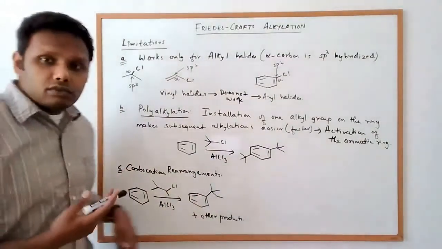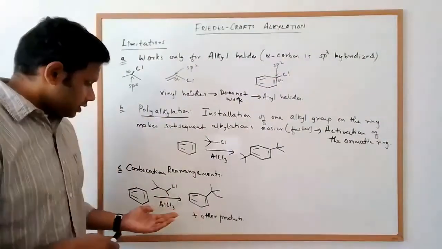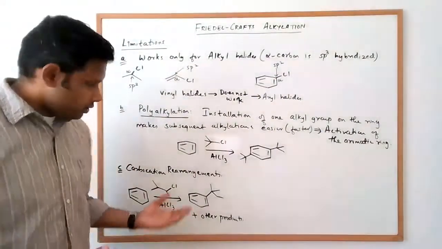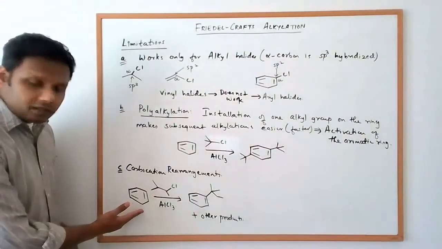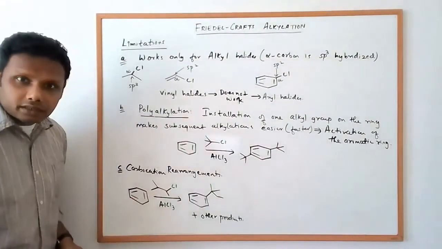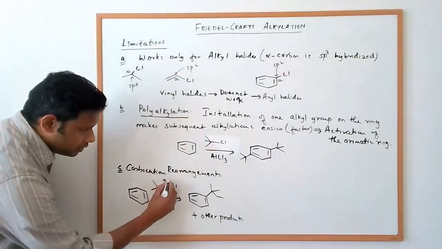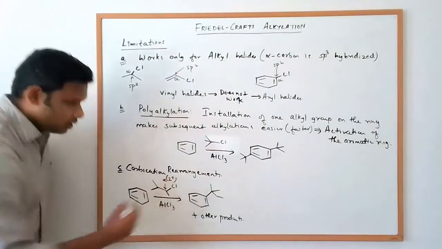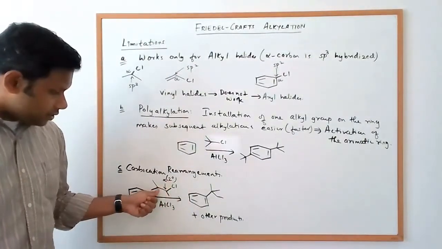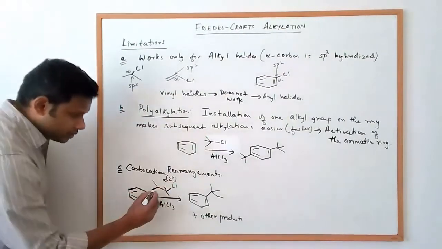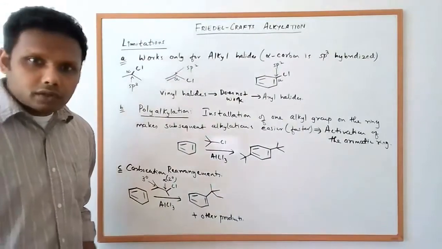Since the mechanism involves the formation of a carbocation intermediate, it is possible to expect rearrangements happening. So for example, if you react benzene with an alkyl chloride like that, where notice that the alpha carbon is secondary in nature, and adjacent to it, there is a tertiary carbon in your molecule.